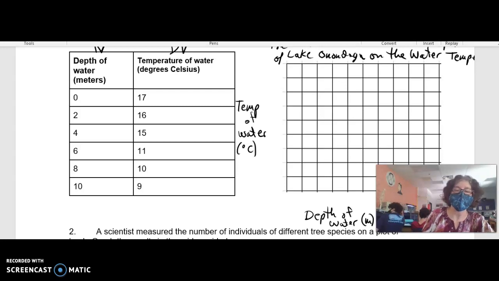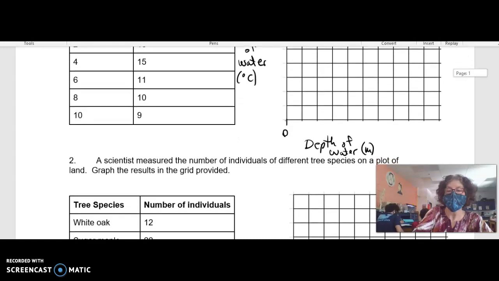Now, with this particular scale, look how nice and even the depth in meters was. She put it at 0, 2 meters, 4 meters, 6 meters, 8 meters, and 10 meters. It's already evenly spaced for you, so that makes it kind of easy. So down here, remember, we always start with 0. And we're going to mark off that scale so that it uses as much of this line down here on the grid as possible.